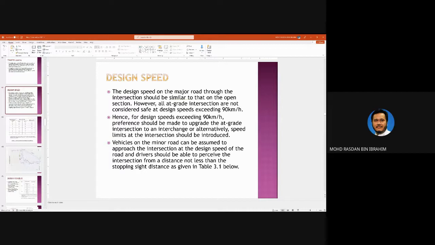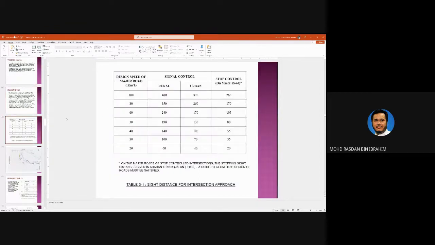So vehicles on the minor road can be assumed to approach the intersection at the design speed of the road, and drivers should be able to perceive the intersection from a distance of not less than stopping sight distance. So this is the distance that must be clear, the sight distance for intersection approach.